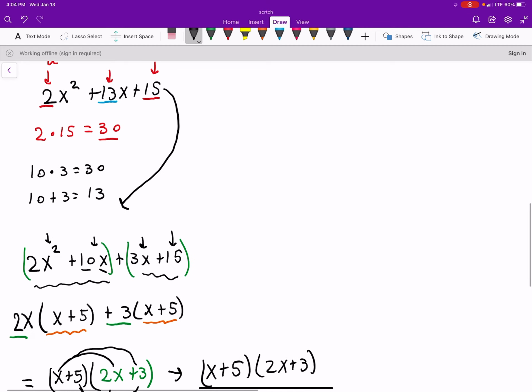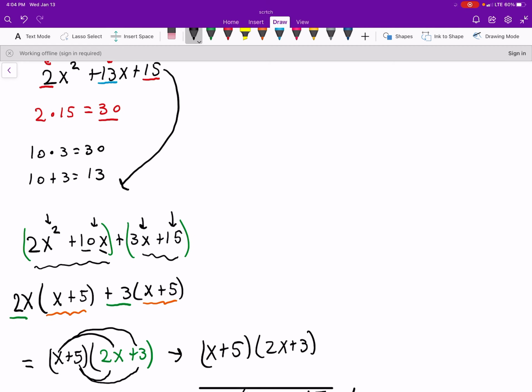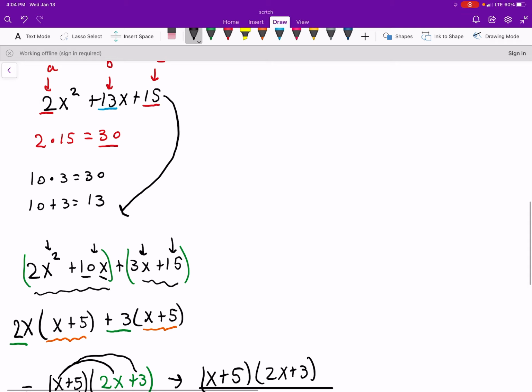So once we do that, we rewrite it. Instead of 13x, we do 10x plus 3x. And then we separate them and group them into these two groups. Once we have them grouped, we look at each group and see what each term has. Each term in the first group has a 2 and an x in it. After that, they have nothing in common, so that's the most I can do.